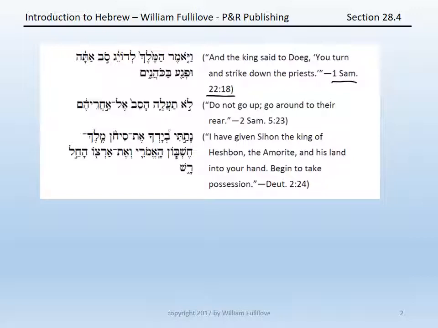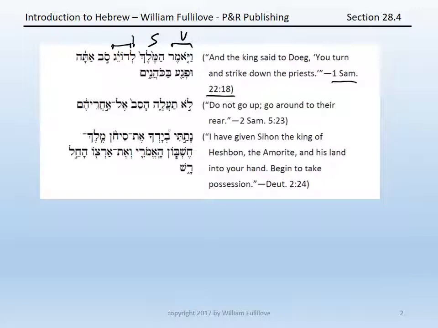First, 1 Samuel 22:18. Vayomer hamelech ledoeg, sov ata, ufga bakohanim. So vayomer, qal narrative third masculine singular of amar, and he said, verb, followed by subject, hamelech, the king, to Doeg, proper noun.